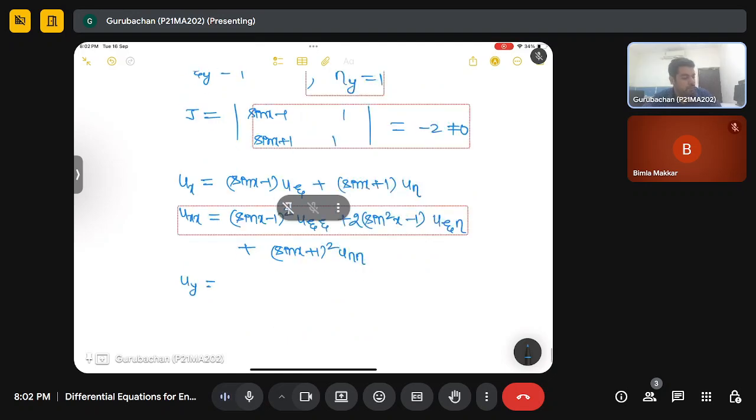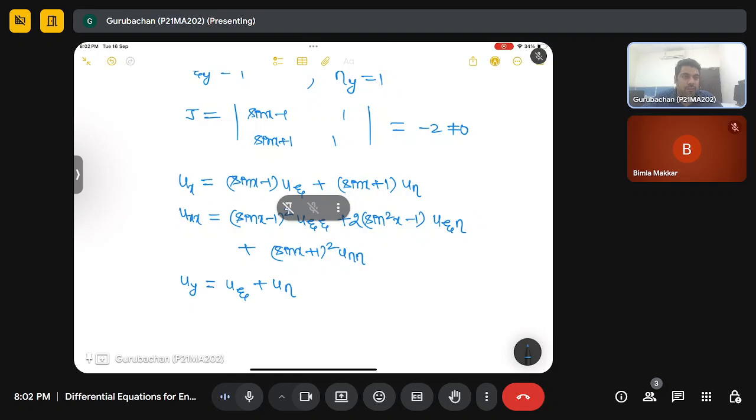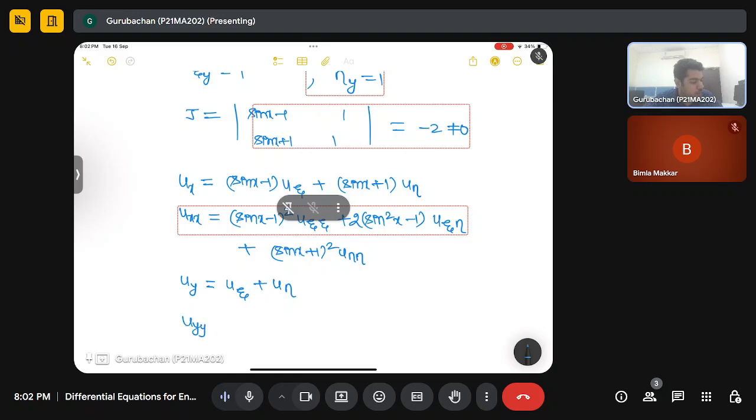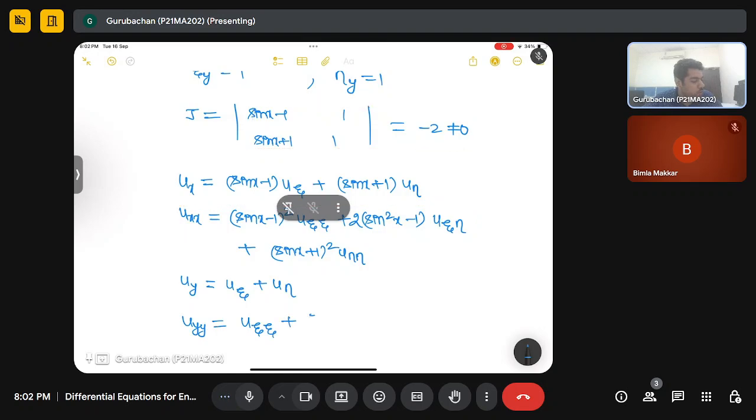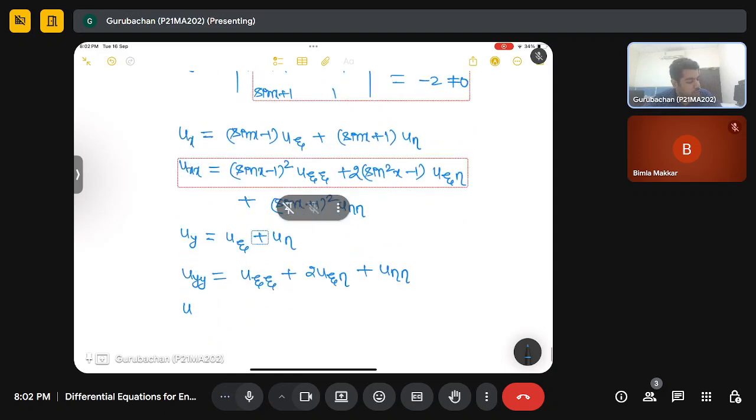Next is uy. So uy will be u xi plus u eta. Eta y and xi y both are 1. Then uyy will be u xi xi plus 2 times u xi eta plus u eta eta, and uyx is nothing but uxy, which will be equal to u xi eta.